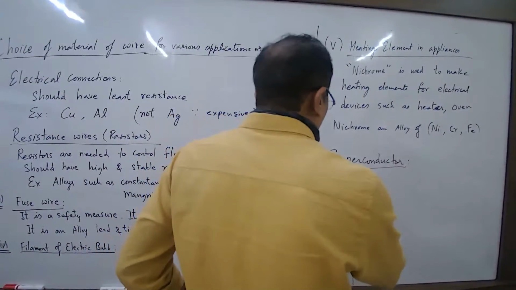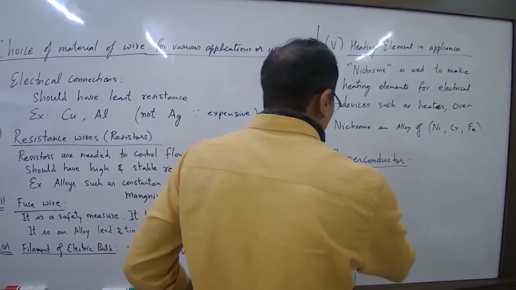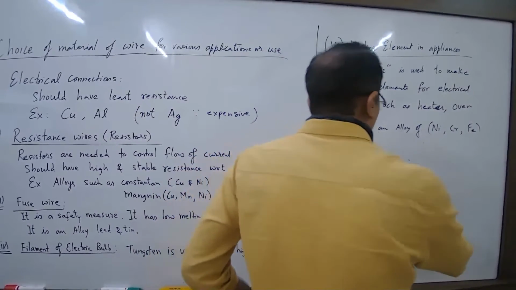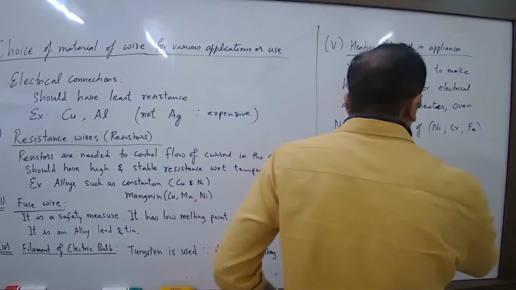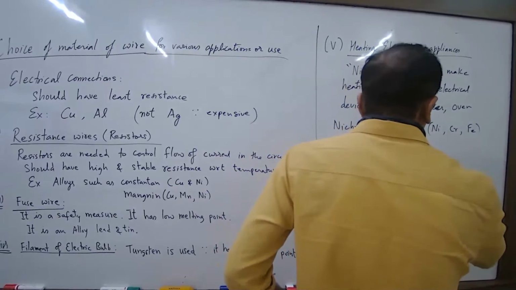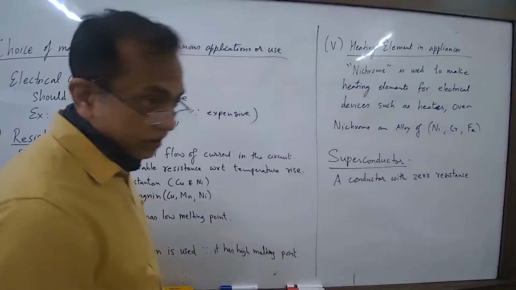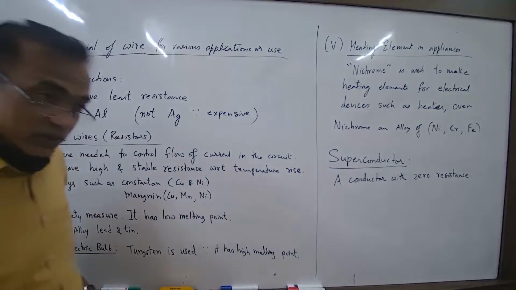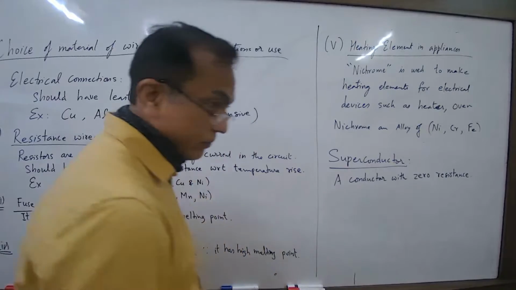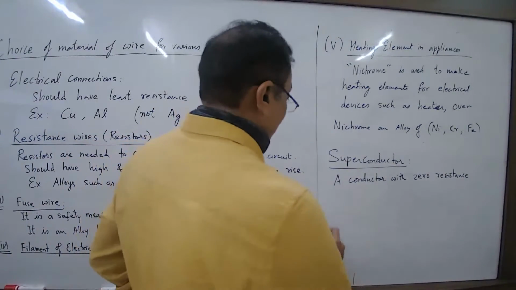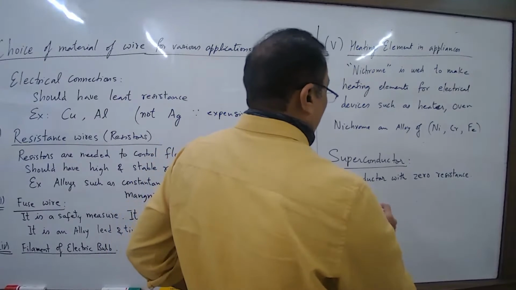So, a conductor with zero resistance. Is it possible practically? No. It is possible under laboratory environment at a very low temperature. Practically not possible, as low temperature is required.